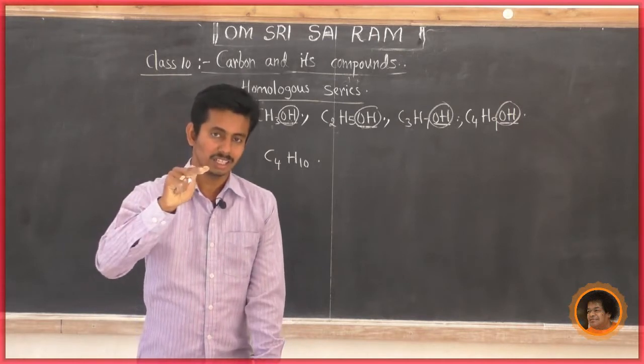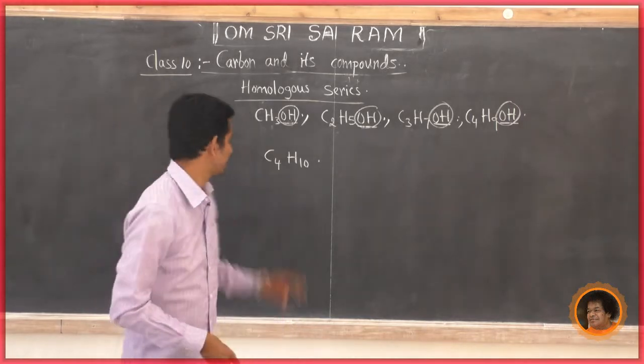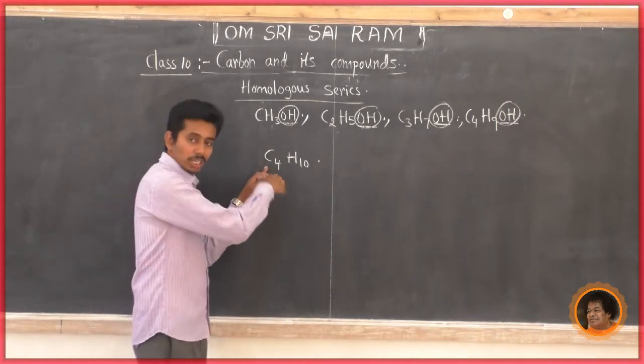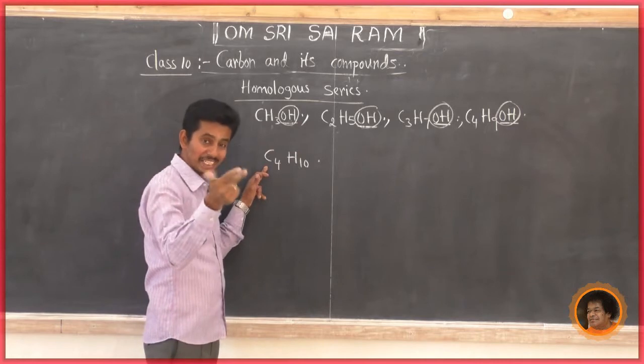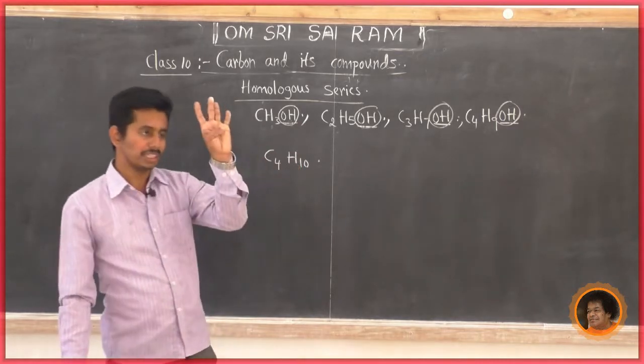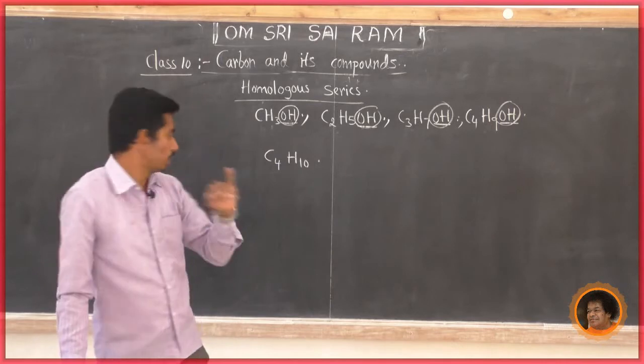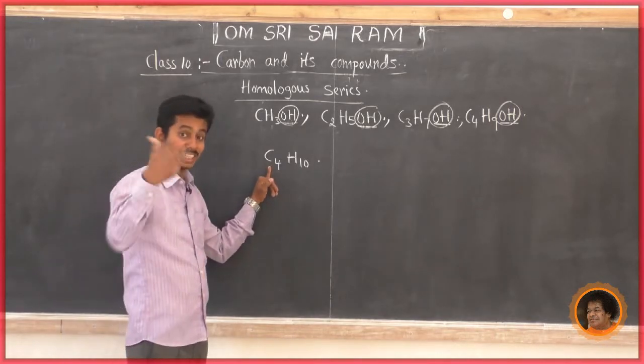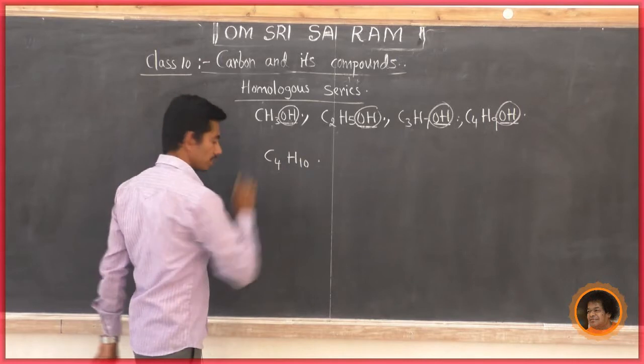Double the carbon and add 2. For C4, double this, it gets 8, plus 2 is 10. C4 means meth, eth, prop, but. So it is but, and ane for alkane. So it is butane.